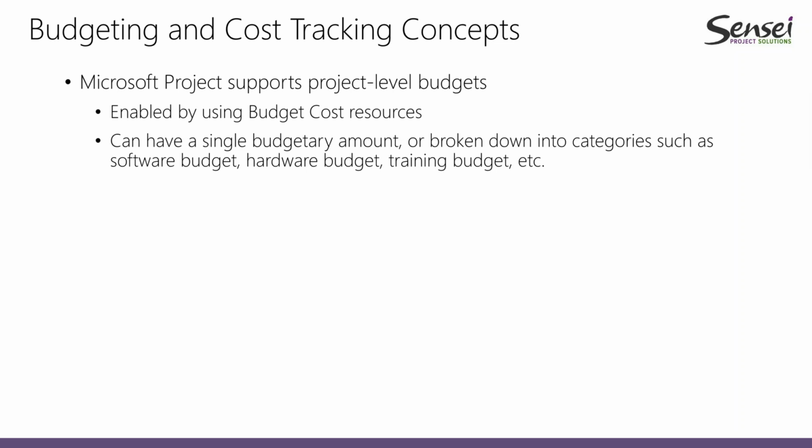Then we can understand the amount of funding that has been granted to us based on the category we specify throughout our project. In this webinar, I will walk you through how to do this by dividing the costs into subcategories such as software, hardware, and training.